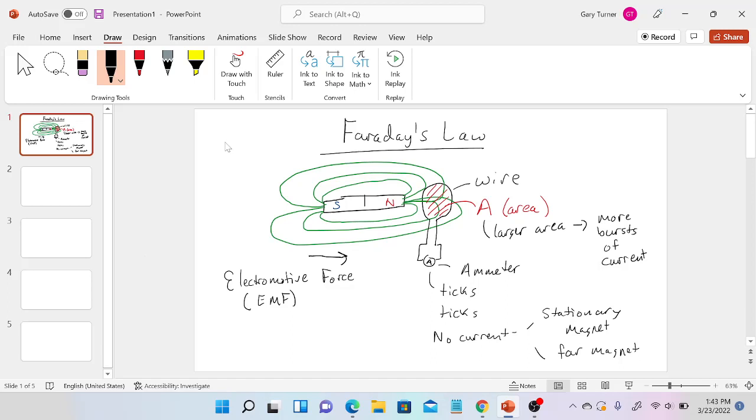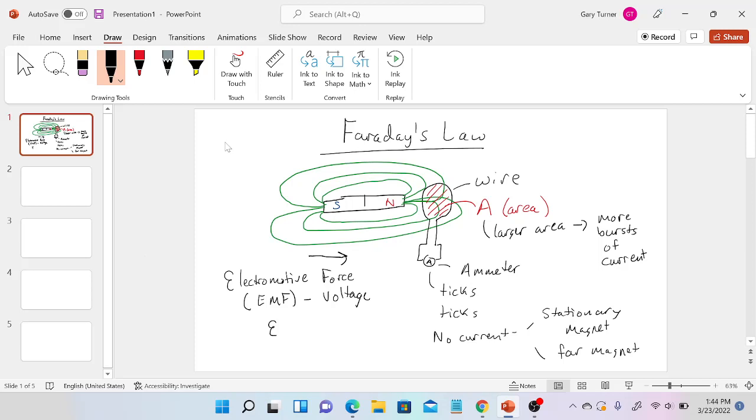Now, electromotive force was coined before we really realized what voltage was and how current was flowing through the wires and what current was, those types of things. But it has historically stuck. So electromotive force is essentially voltage, but we use the symbol epsilon for electromotive force to differentiate it from a DC or direct current source like a battery.